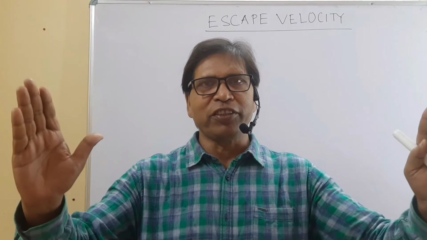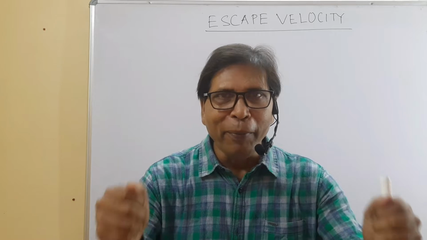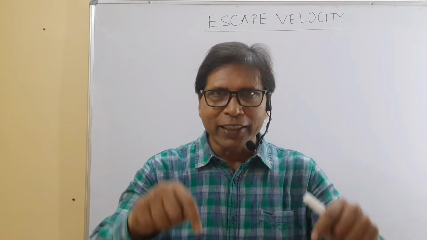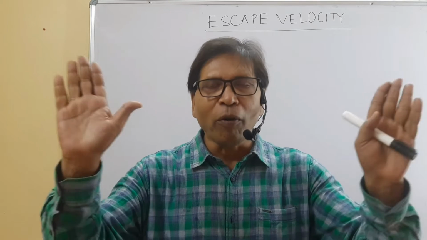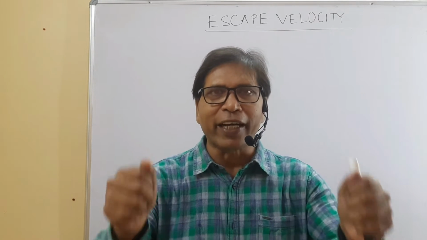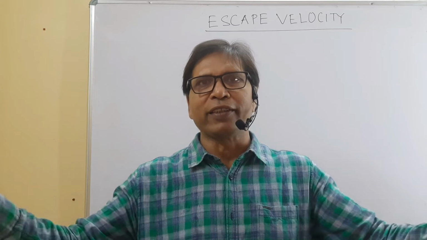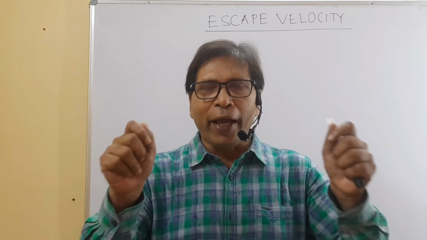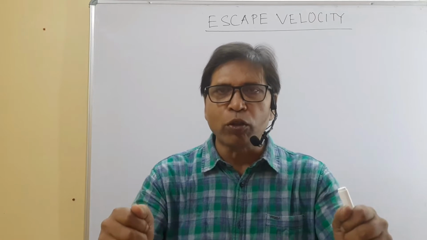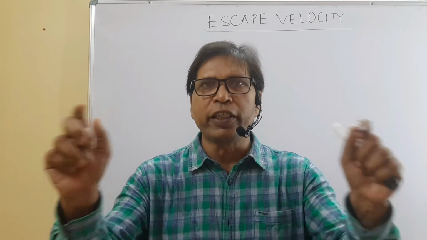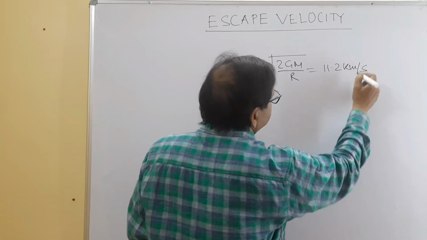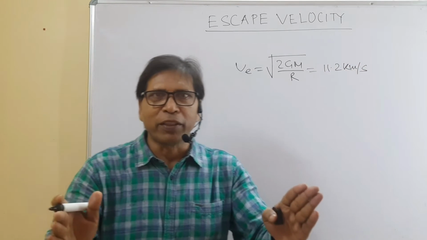First of all, the definition. It is the minimum velocity of projection of a body from Earth's surface or from a planet such that it overcomes the gravitational pull of Earth. The expression of escape velocity is V_E equal to root under 2GM by R. This equals 11.2 km per second for Earth's surface.